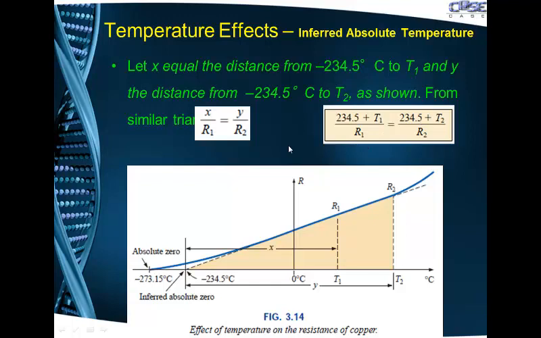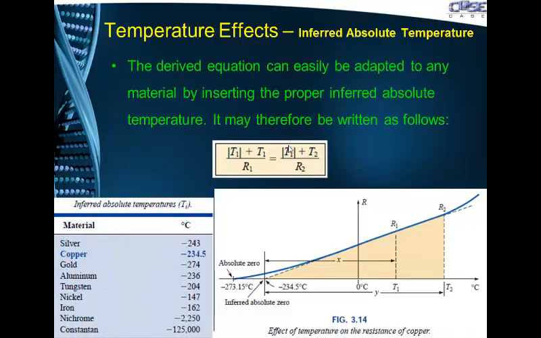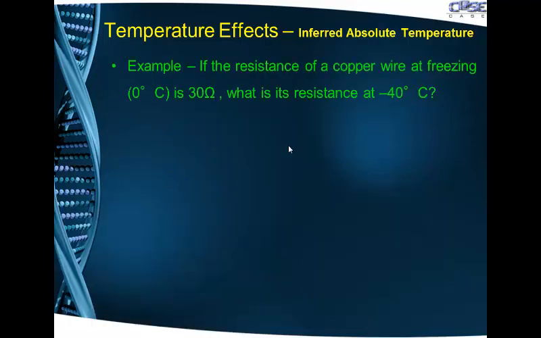So let's take an example. The derivation can easily be adopted as we have already seen. If the resistance of a copper wire at freezing, which is 0 degree centigrade, is 30 ohm, what is its resistance at minus 40 degree centigrade?